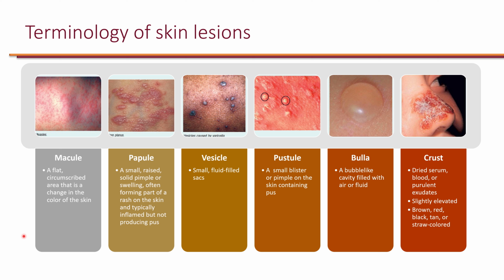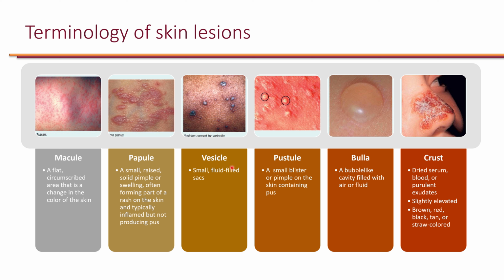Here is some terminology of skin lesions that is helpful when discussing skin and soft tissue infections. So a macule, and you can see a picture of it here, is a flat circumscribed area that is a change in the color of the skin. Now, a papule is a small raised solid pimple or swelling, often forming part of a rash on the skin and typically inflamed but not producing pus.